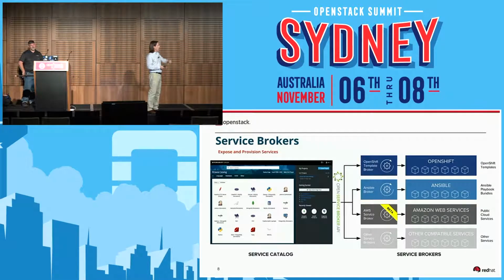The Amazon guys are actually working with us. They're using our broker to make their services available. So that's kind of a cool project we're working on. And there can also be other services. You could have something on GCE or Azure, or even something local. Create your own broker, okay?